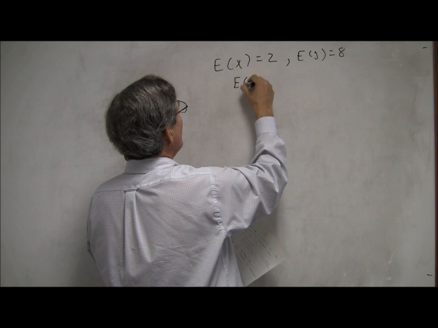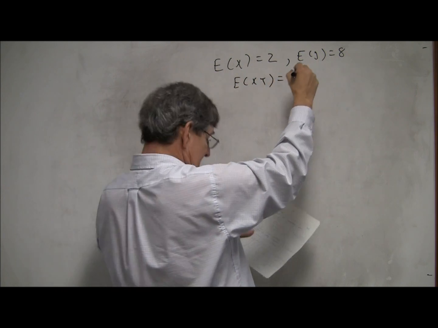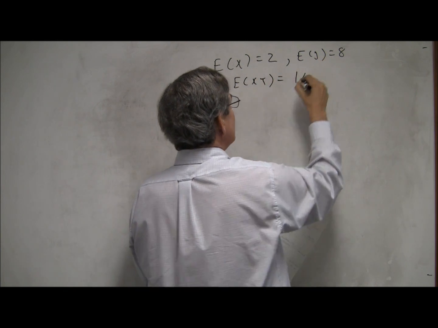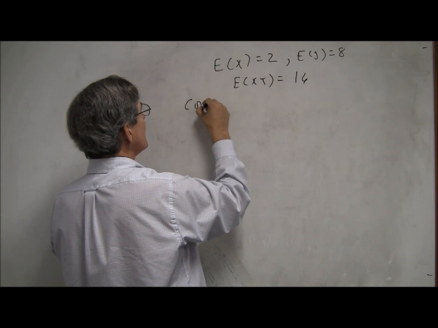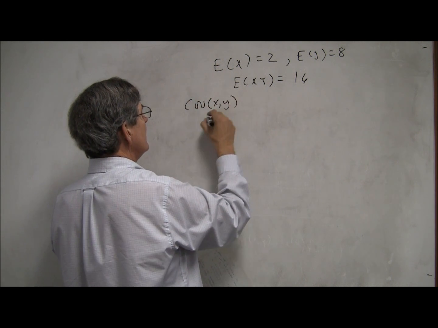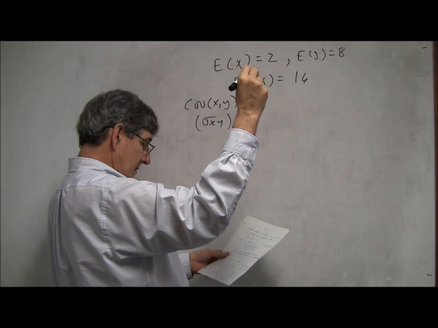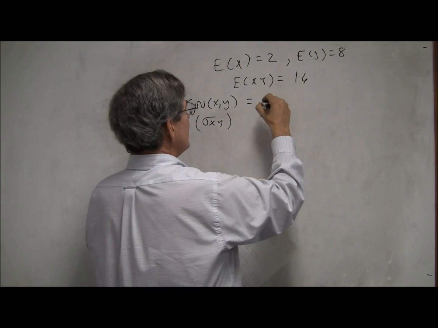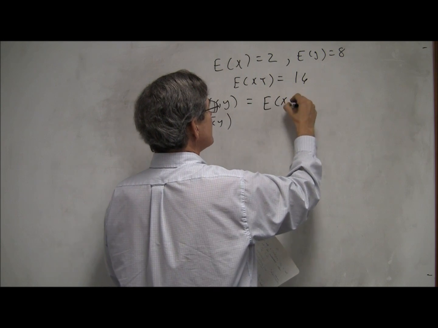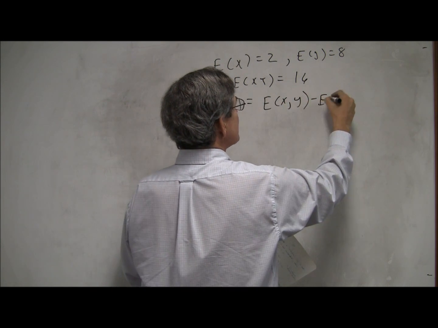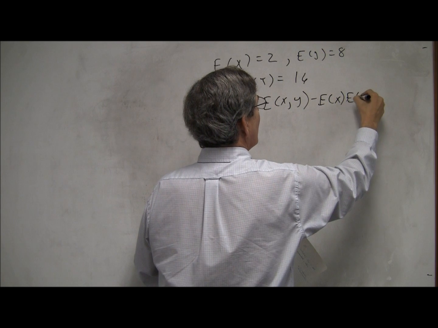And the expected value of xy is equal to 16. And there's a formula that says the covariance of x and y, what we've been calling sigma xy, is equal to the expected value of xy minus the expected value of x times the expected value of y.